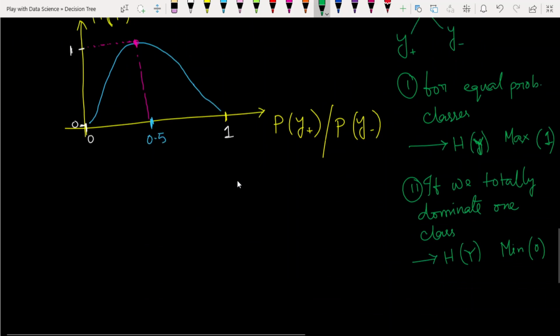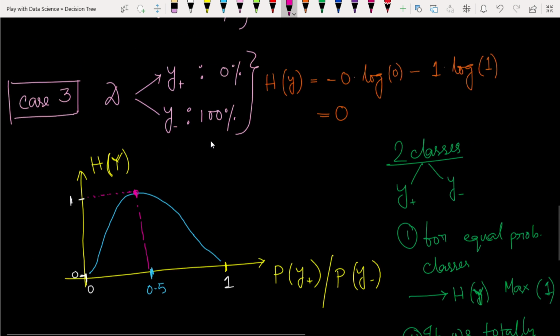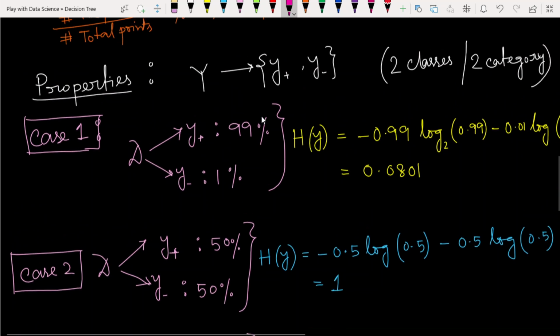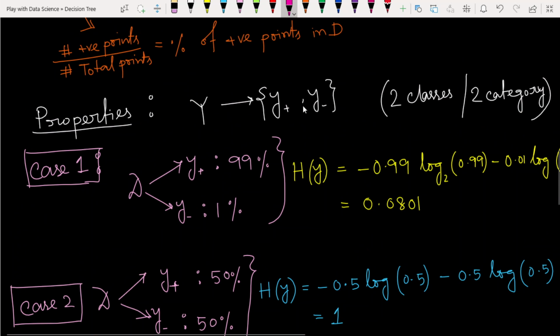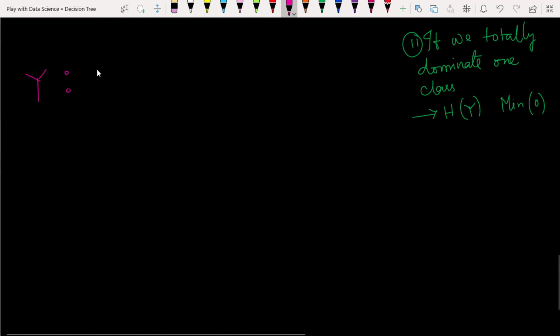Now let's take y as a discrete random variable. First, I am taking only two values for this random variable y. Now let's take a random variable y that has k values, y1, y2, up to yk.